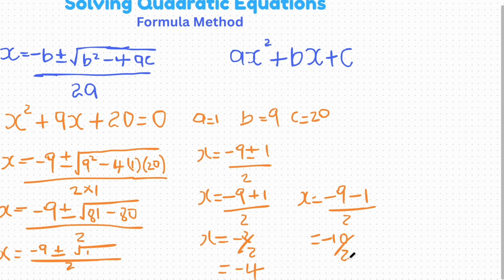And when we divide negative 10 by 2, we get negative 5. So this is how we solve quadratic equations using the formula method. Let's try another example.